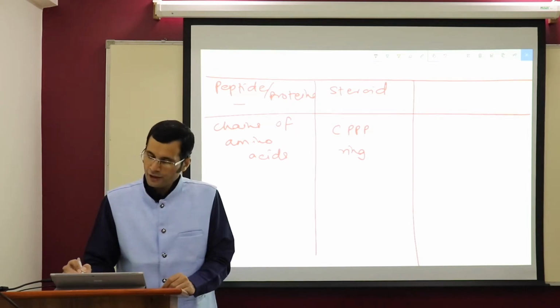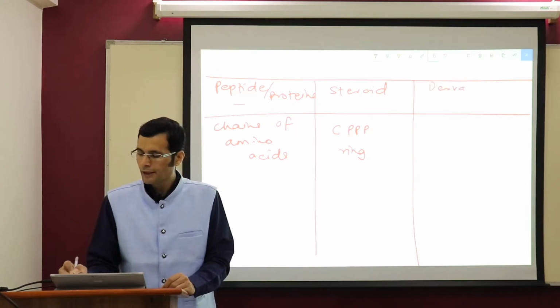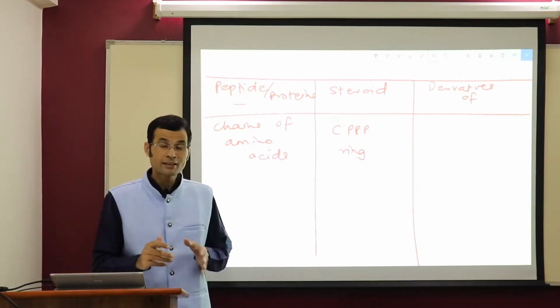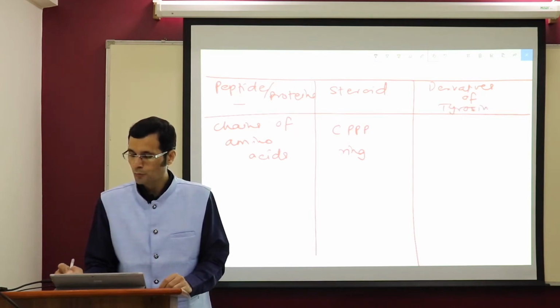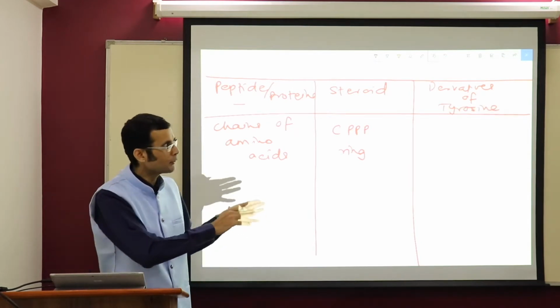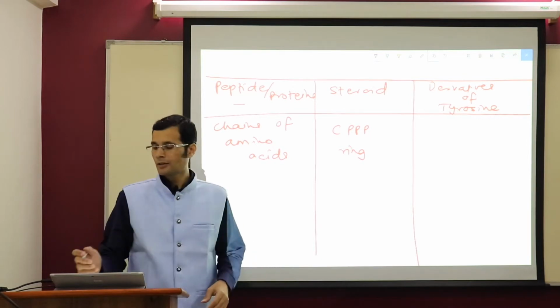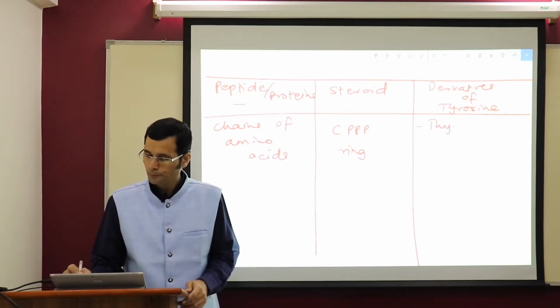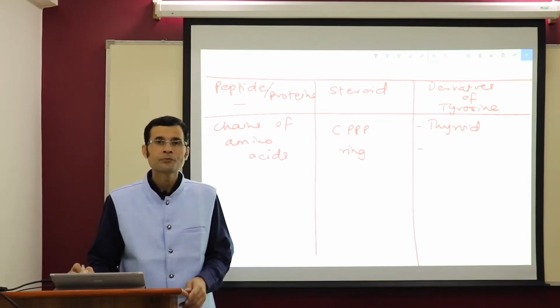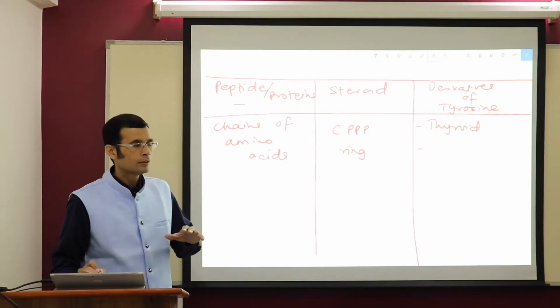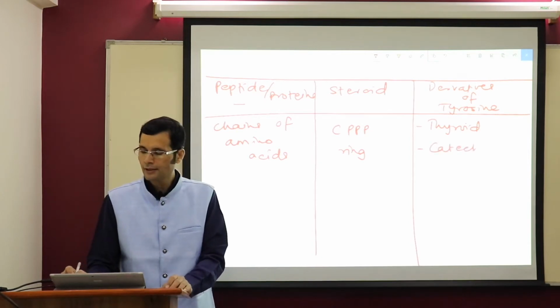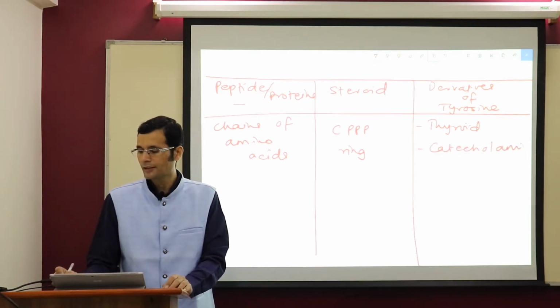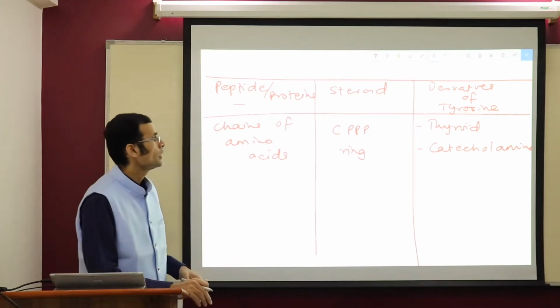The third category is derivatives of a single amino acid, and that single amino acid is tyrosine. So the hormones that are derived from a single amino acid tyrosine are thyroid hormone and catecholamines, dopamine, noradrenaline, adrenaline. So that is basically the categorization for all the hormones.